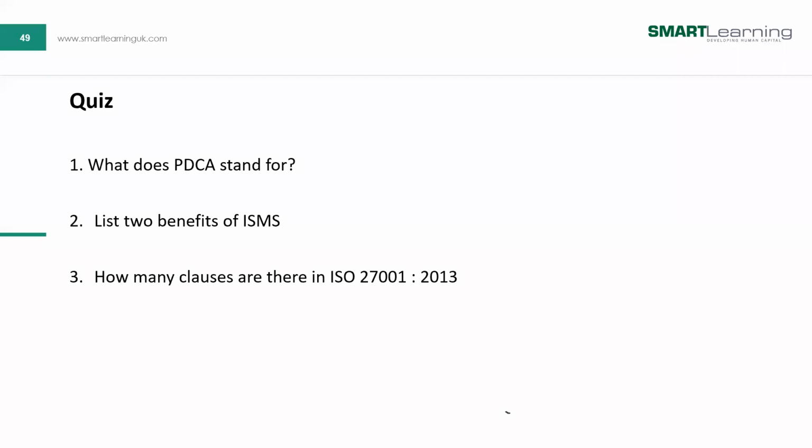So we have the strategic clauses from 4 to 10. Okay. And then we have 14 clauses in the annex. So there are 7 clauses in the main requirements section, and then there are 14 clauses from the other side. So there's 7 in the first, and then there's 14 in the annex. Well done. Yes, thank you. Okay, let's move on.